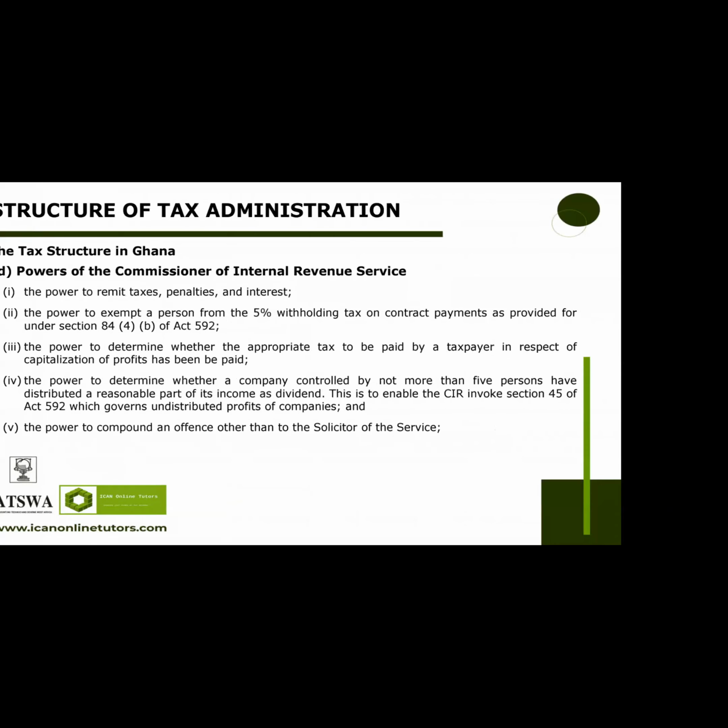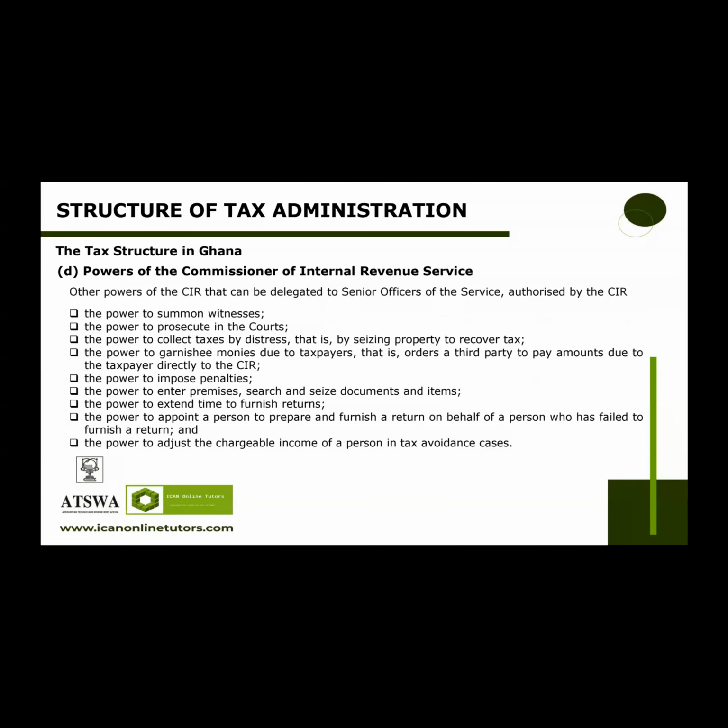These other powers include, but are not limited to, the power to summon witnesses, the power to prosecute in the courts, the power to determine objections, the power to collect taxes by distress, that is, by seizing property to recover tax, the power to garnish monies due to taxpayers, that is, orders a third party to pay amounts due to the taxpayer directly to the Commissioner of Internal Revenue Service. Are we together?